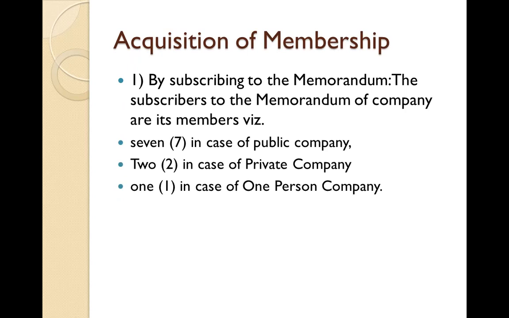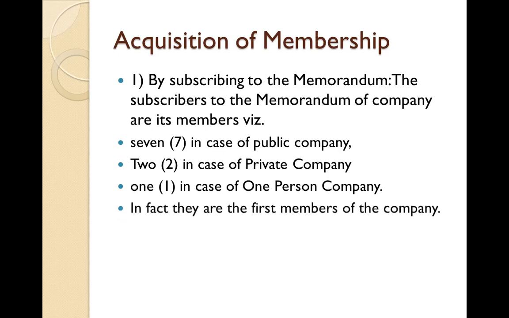In case of a private company, 2 members are required. In case of a one person company, a single person can acquire the membership. It is a minimum. Definitely, these are the first members of the company because they are the pioneers.